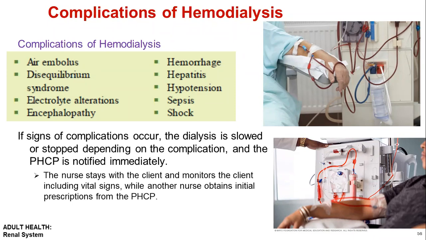The basic and most common signs and symptoms of disequilibrium syndrome are nausea and vomiting, drowsiness, headache, disorientation, and it can progress to seizure, coma, and death. During dialysis, to prevent disequilibrium syndrome, the treatment is prevention with a slow reduction of BUN or creatinine.